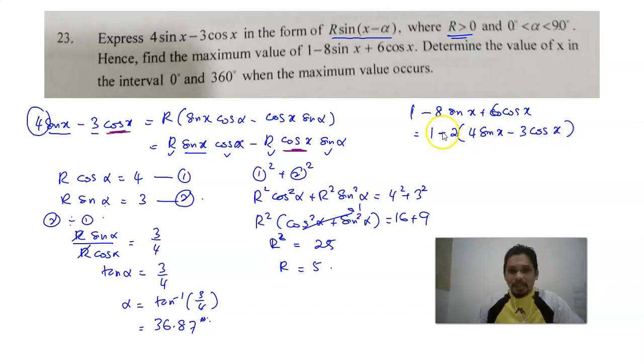Negative 2 times 4 equal to negative 8, negative 2 times negative 3 equal to 6. Let's compare this with the question here, 4 sine x minus 3 cos x.